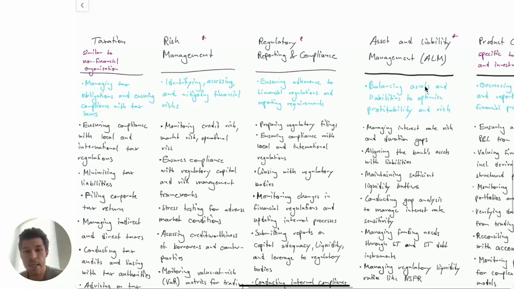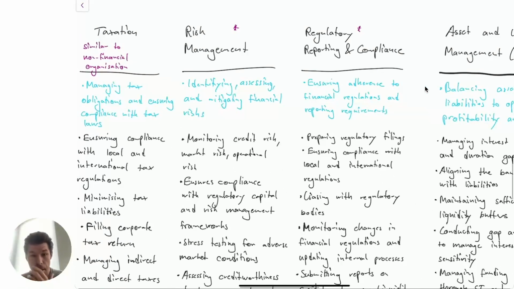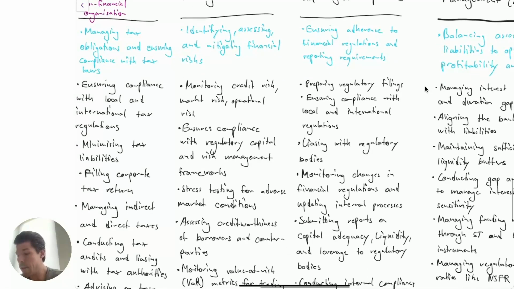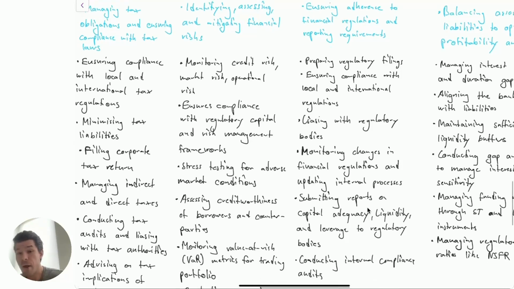So we would see an additional risk management department, which identifies, assesses, and mitigates financial risks. It usually monitors credit risk, market risk, operational risk, and it ensures compliance with regulatory capital risk management frameworks.